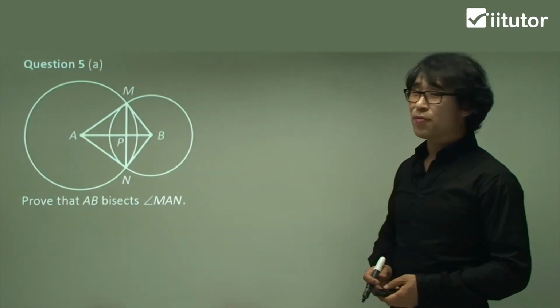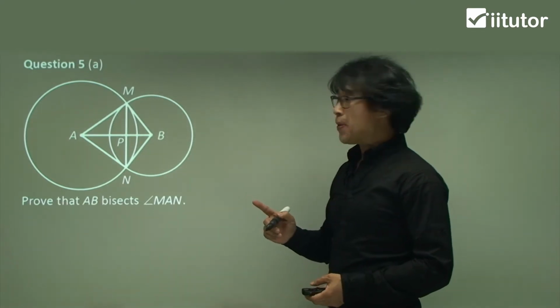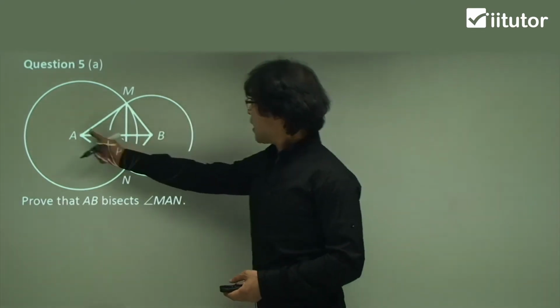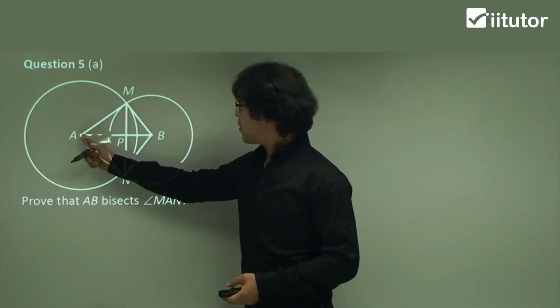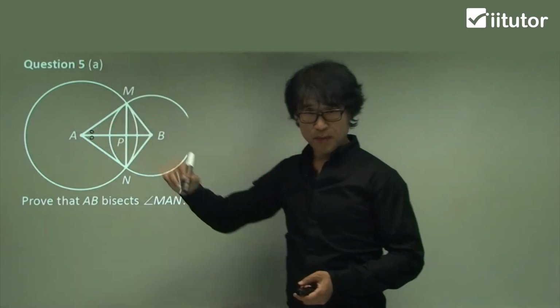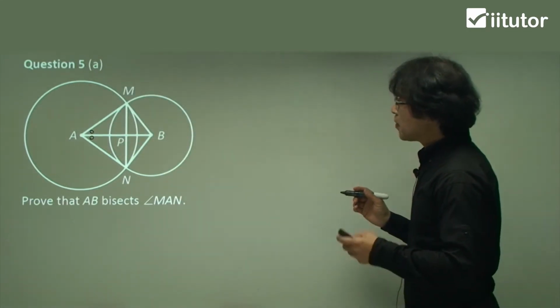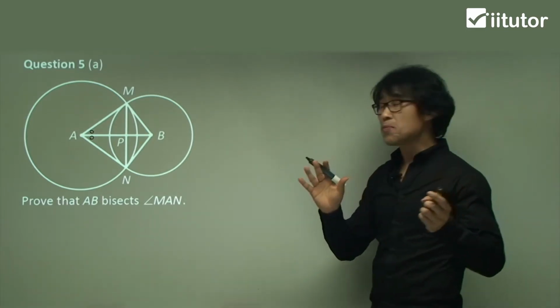Okay, question 5. Prove that AB bisects angle MAN. So this AB bisects angle MAN. So we want to prove these two angles are equal in these two circles. So what you have to do here, the first step, I'm going to also give you a big picture first.